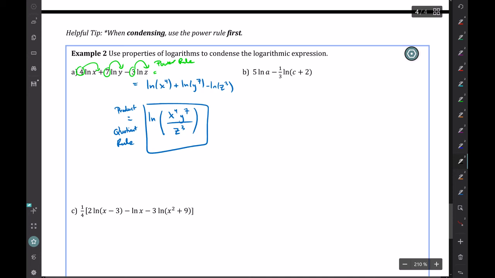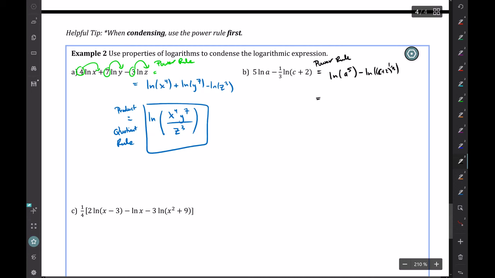Okay, now here we have 5 ln of a minus 1/3 ln of c plus 2. So again, we're condensing, so we always want to use power rule first. And so now you got ln of a to the 5th power minus ln of c plus 2 to the 1/3.